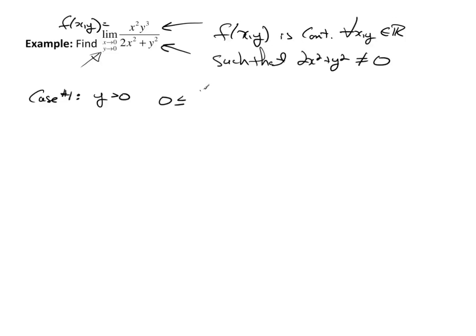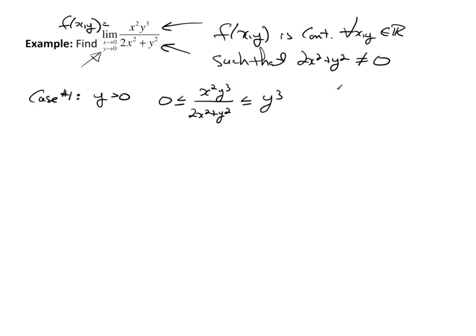So when y is positive, what I'm seeing here is that it must be true that 0 is less than or equal to x squared y cubed over 2x squared plus y squared. And it doesn't matter if x is positive or negative because it's squared, so it's always positive. But that has got to actually be less than or equal to y cubed.